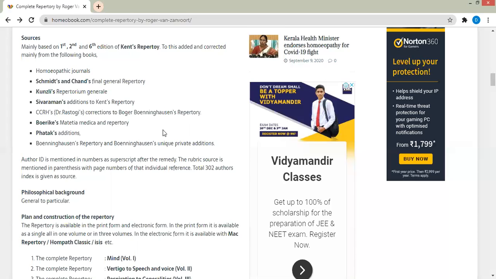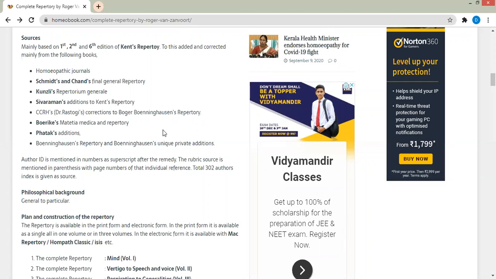The main sources for his repertory are Kent's repertory, then Boger Boenninghausen's repertory, then Boger's additions to Kent's repertory, and then Boericke's Materia Medica and repertory.